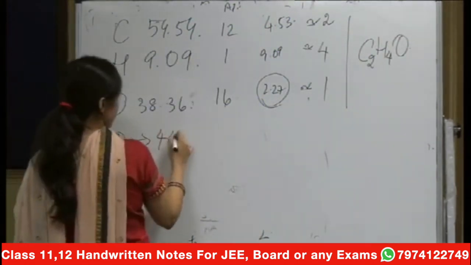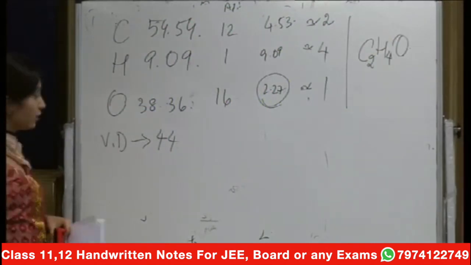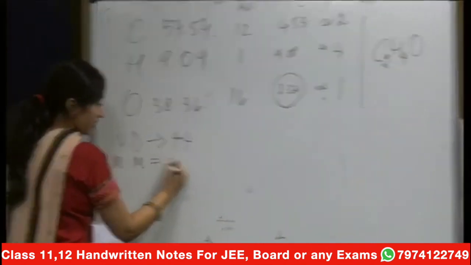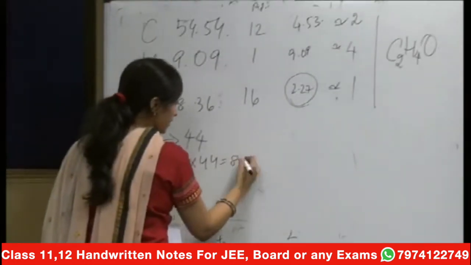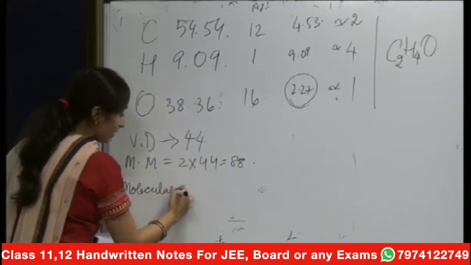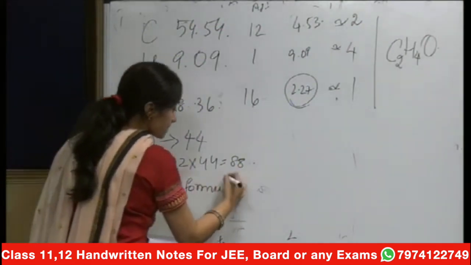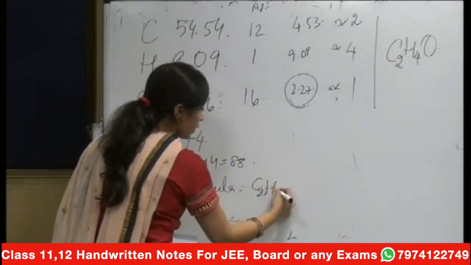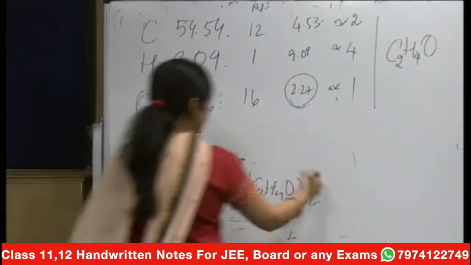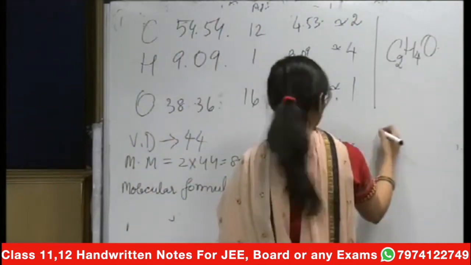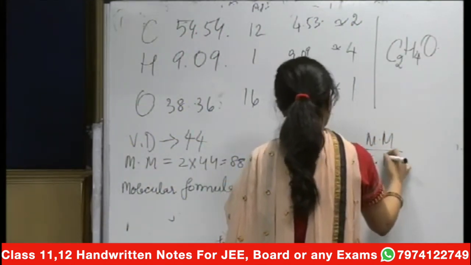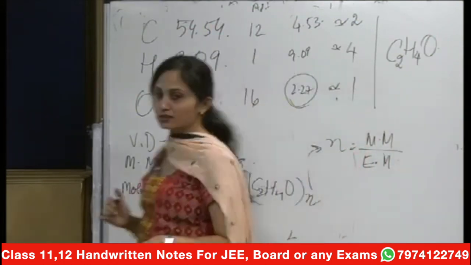Can you tell me the molecular formula now? So the molecular mass is 2 into 44, that's 88. You have to tell me the molecular formula. The molecular formula will be C2H4O times some factor n, and that n is your molecular mass upon empirical mass.